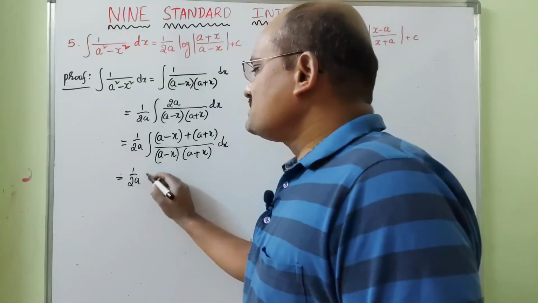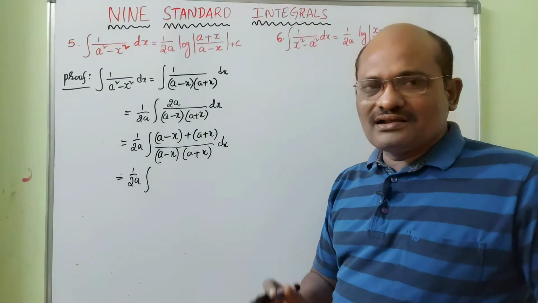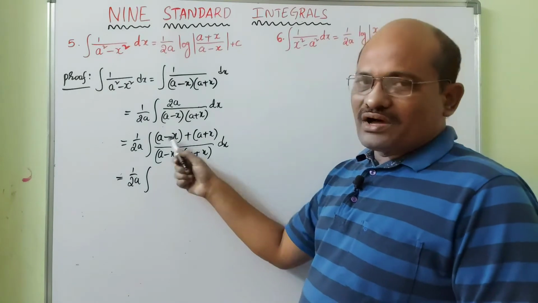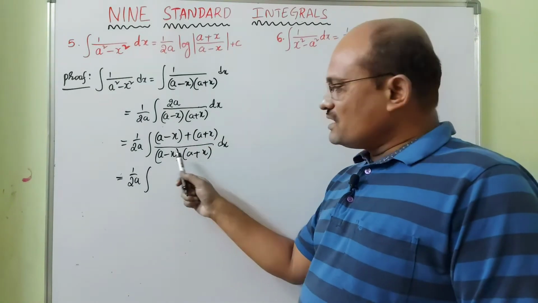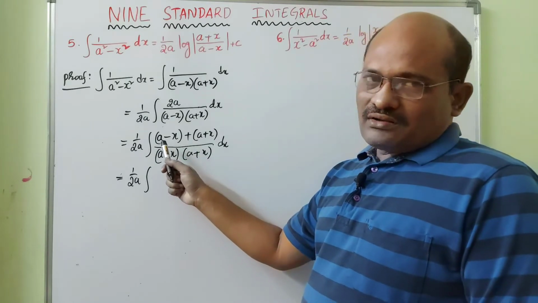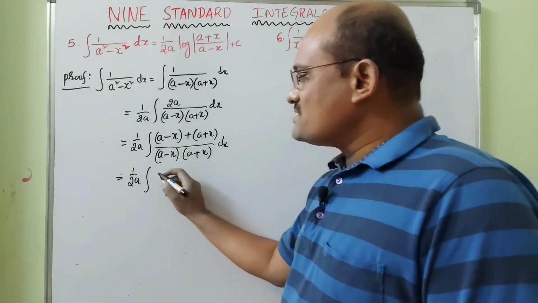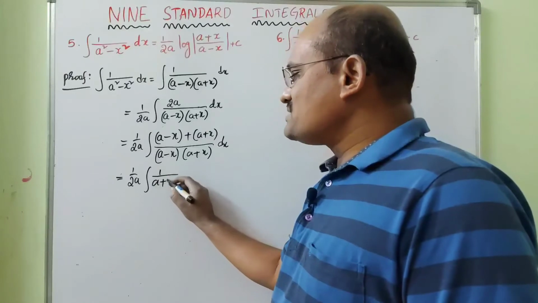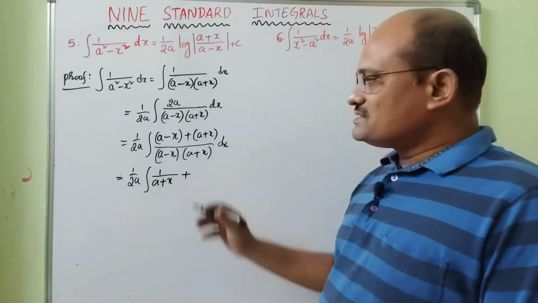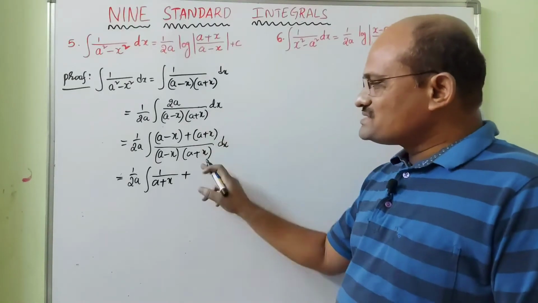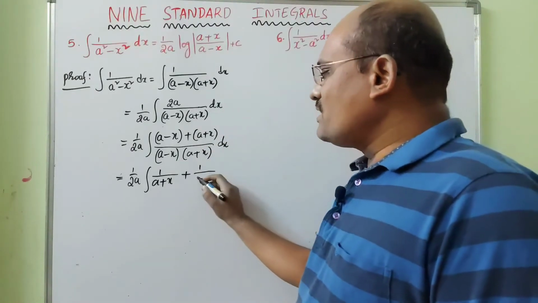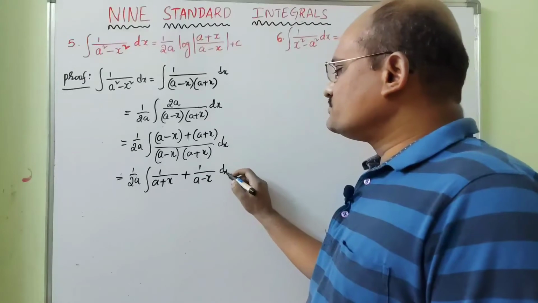Now I am writing the denominator separately because the denominator comes for both terms in the numerator. If you write the denominator to the first term, a minus x gets cancelled, you will get 1 by a plus x, plus, now write the denominator to the second term, a plus x gets cancelled, you will get 1 by a minus x.